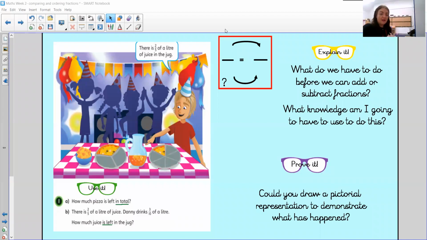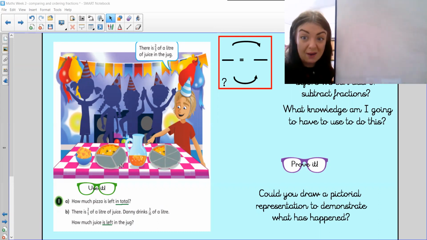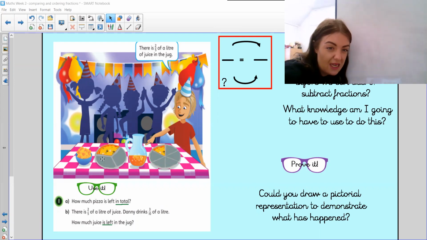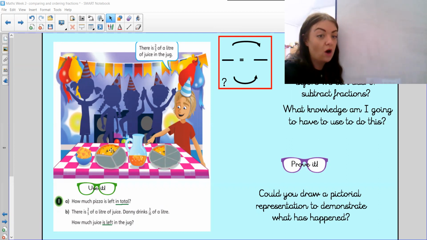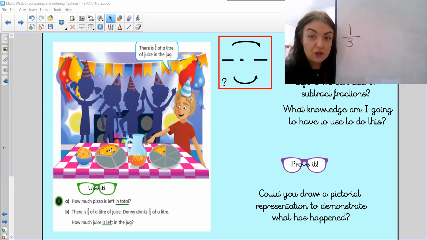Okay, so hopefully you've had a go at that now. So let's have a look at this first question then. So what am I going to have to do to solve this problem? So how much pizza is left in total? So the first thing I'm going to do is look at what pizza I'm working with. So you can see here, there's the outline of those 2 slices that have gone, and there's 1 slice left. So I can see I've got 1 slice of that pizza that was originally cut into 3 pieces.